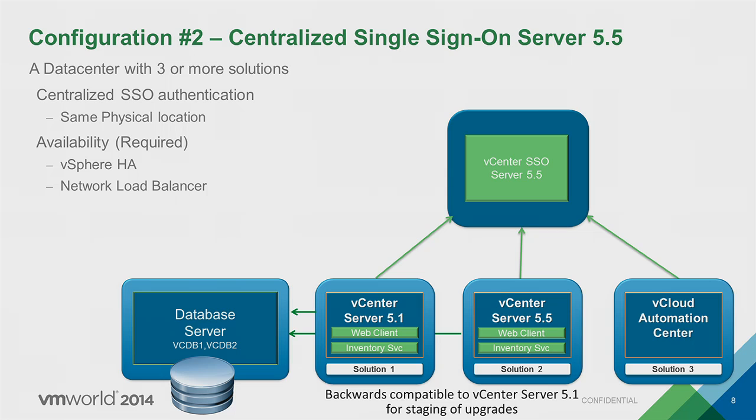We also have our network load balance configuration where we can throw them behind a VCNS, an F5, or a NetScaler. We have documentation and videos on how to do that. It is a little complex, but that will add a level of resiliency for your SSO environment. You can also mix and match your VCs from 5.1 and 5.5 and a vCAC, as we can see in here. Okay? So these 2 configurations, embedded all on one or a centralized SSO, are the only 2 configurations we want you to be using.